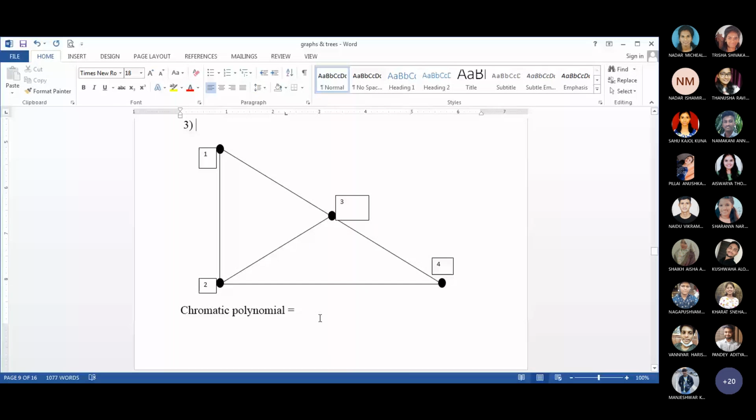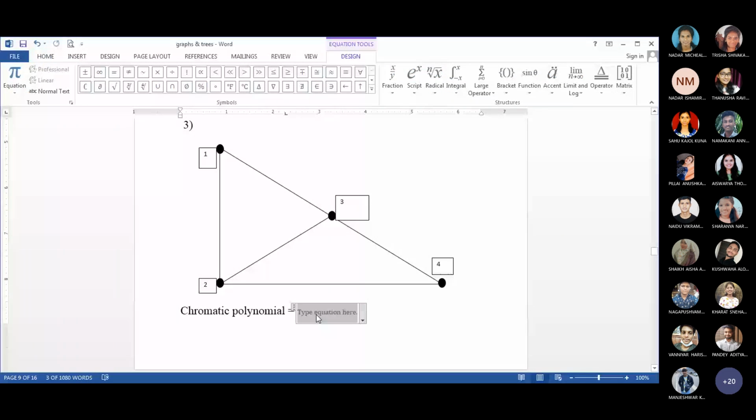If any one of you gets the answer, just let me know. So we have to write it as 1 into 2 into 3 into 4.